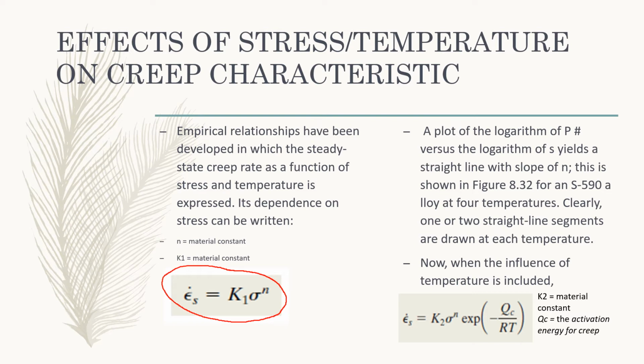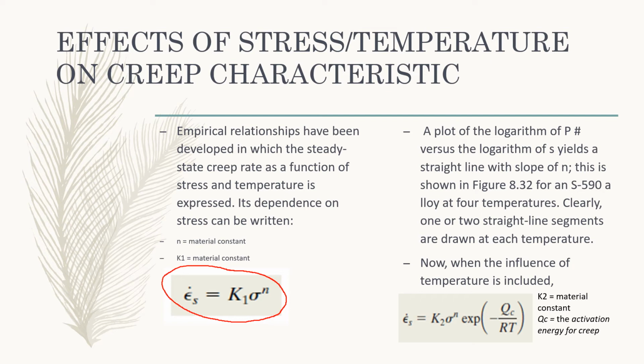As we saw before in the second graph, a plot of the logarithm of the creep rate versus the logarithm of stress yields a straight line with slope n. This is shown in Figure 8.32, which is the second graph that I showed you, for an S-590 alloy at four temperatures. Clearly, one or two straight line segments are drawn at each temperature.